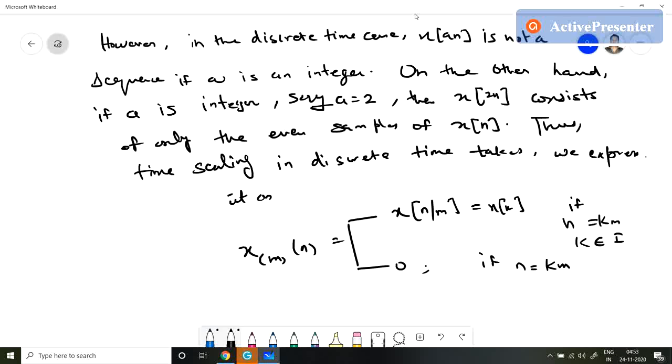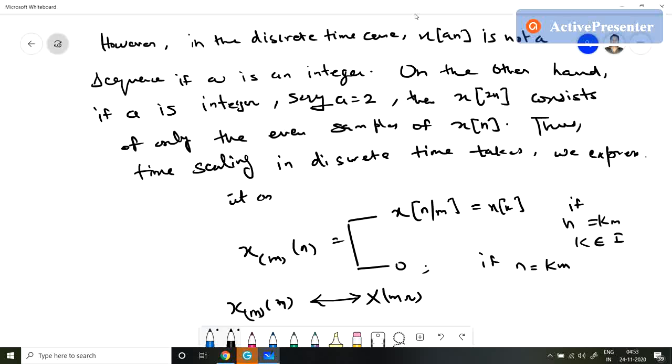So for this we can write the transform in this form, equal to X(m omega). This is simply the time scaling property.